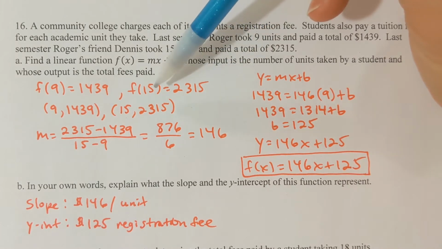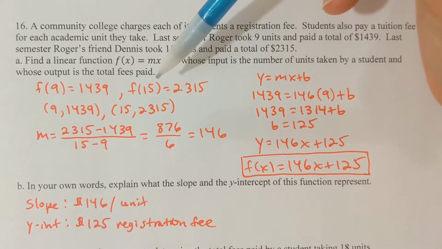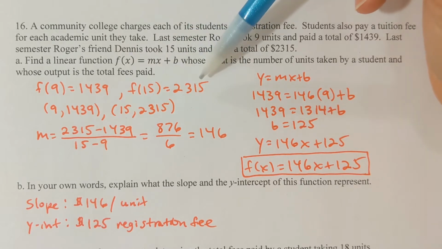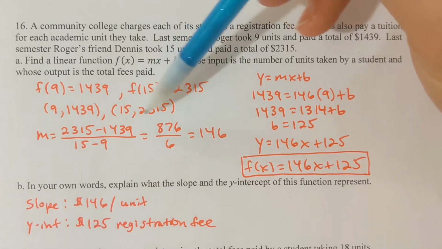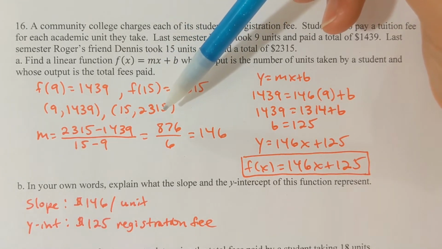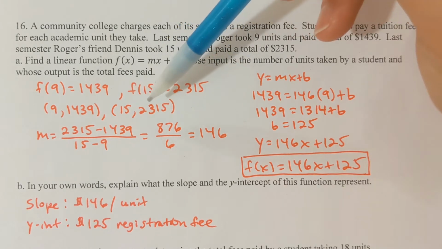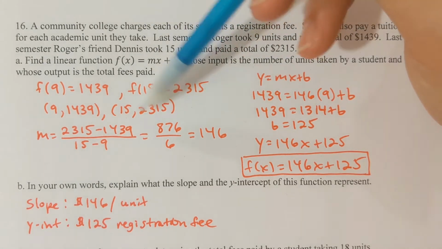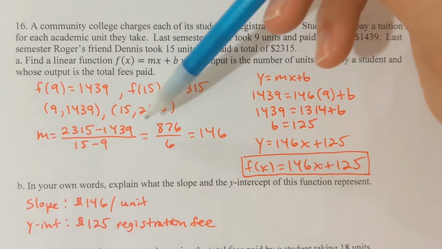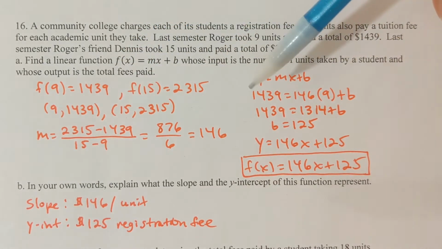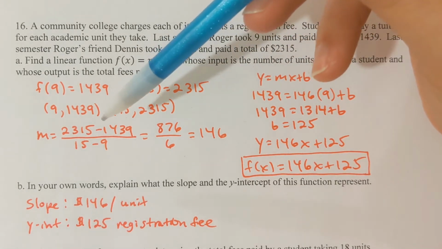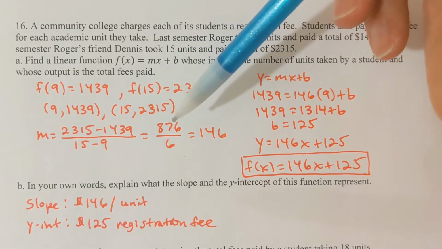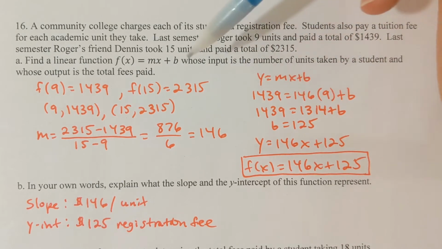So if I plug 15 into this formula that I'm supposed to find, here's the output. And I would also know a corresponding point that would be on the line, 15, 2,315. Now I'm not actually going to draw the line here, but these 2 points would be on that line.